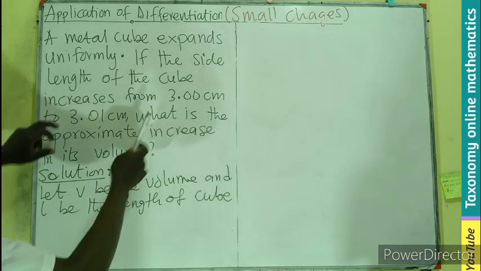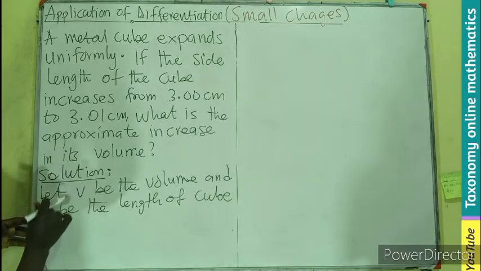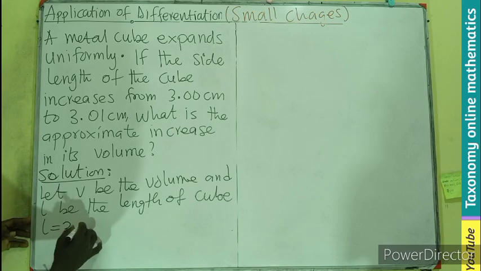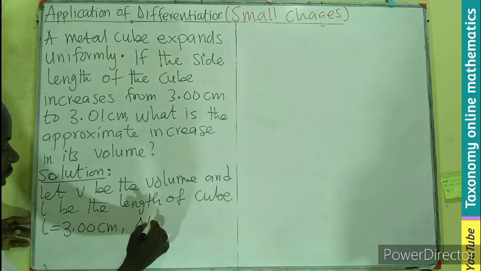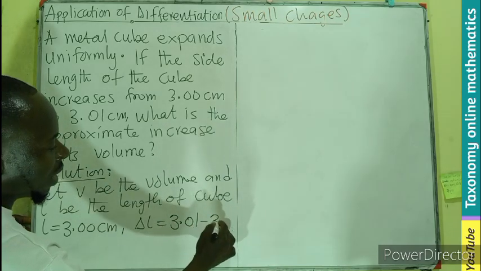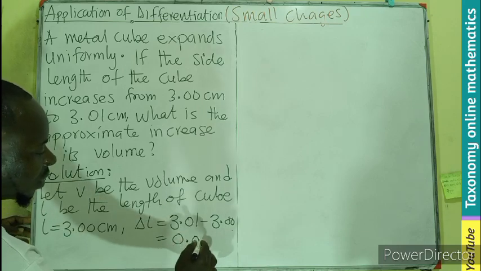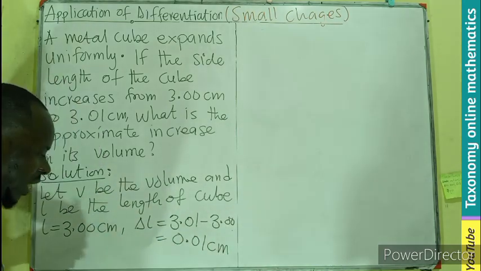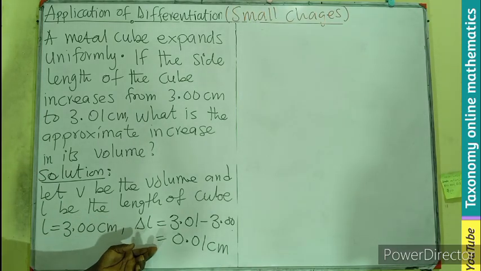Our L itself is 3.0 centimeters. Then the small change is 3.01 minus 3.00, which gives us 0.01 centimeters. This is the small change of the length.